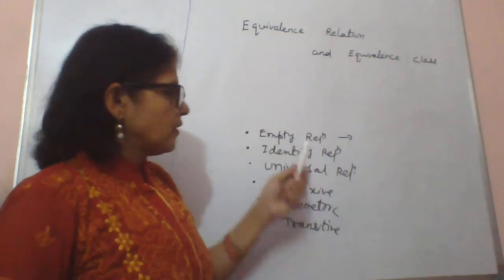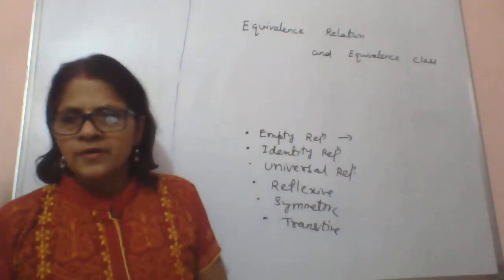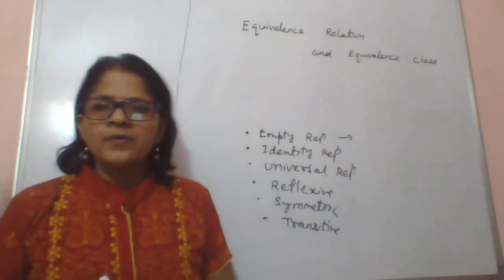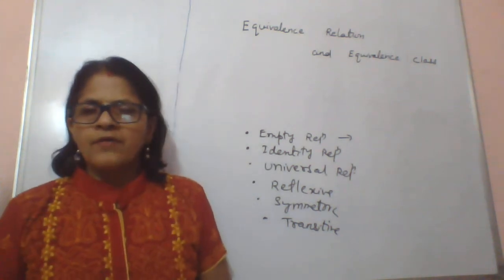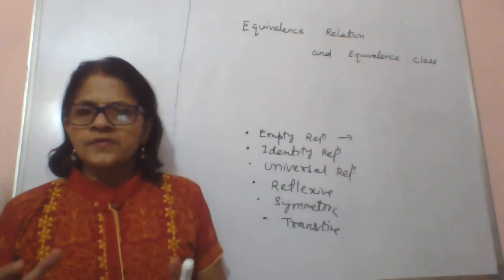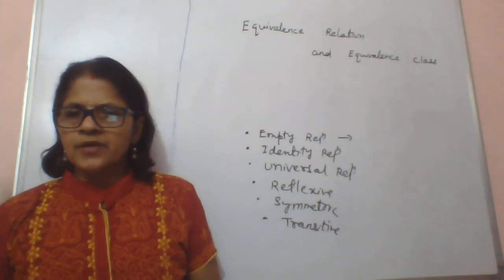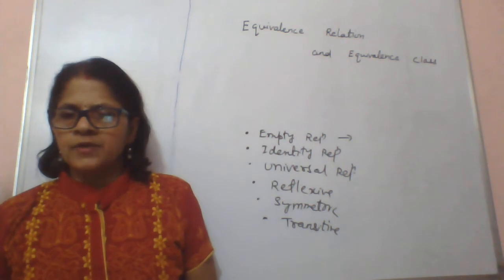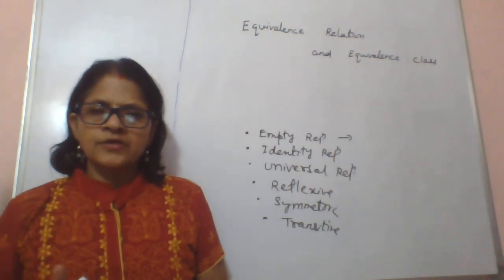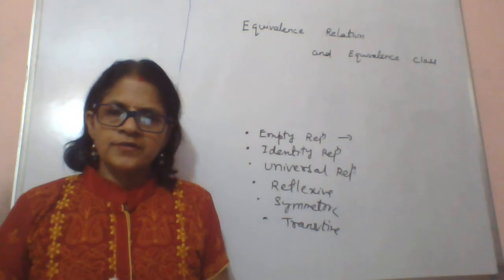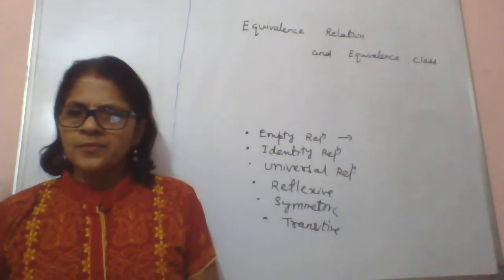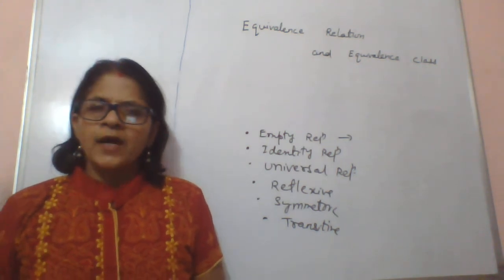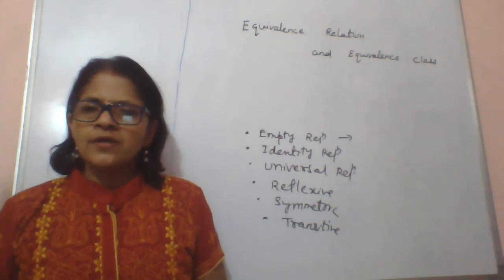So we have done what is the Cartesian product, right? The Cartesian product of A and B is the set of ordered pairs (a, b) such that a belongs to the first set A and b belongs to the second set B. Also, any relation R from A to B is a subset of the Cartesian product A cross B. We have also done relation on the same set.